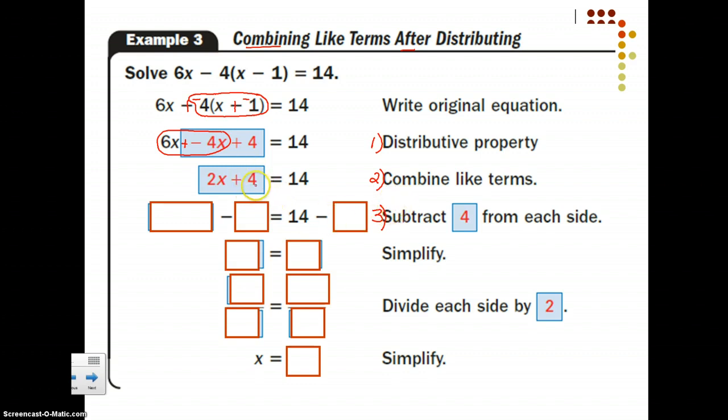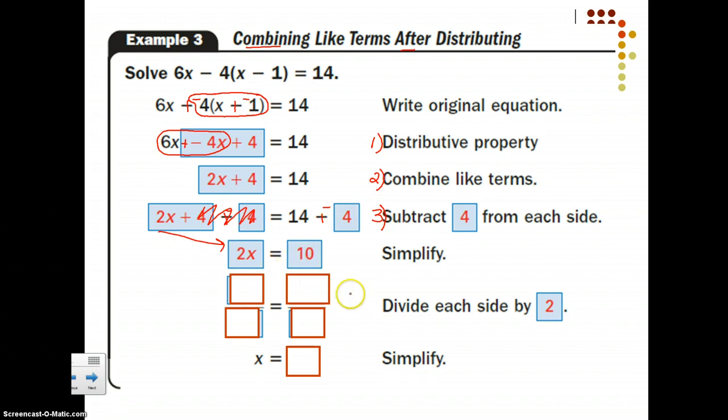Constant is 4, so we add the opposite, which is -4. The 4's on the left cancel each other out. That's 0. Bring down the 2x. 14 plus -4 is +10. Last step is the one-step problem, which is divide each side by 2. 10 divided by 2 is +5.